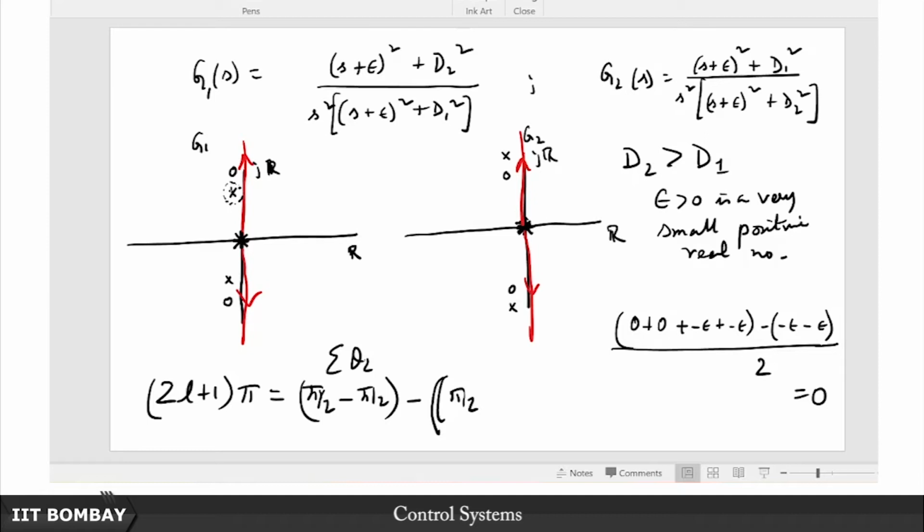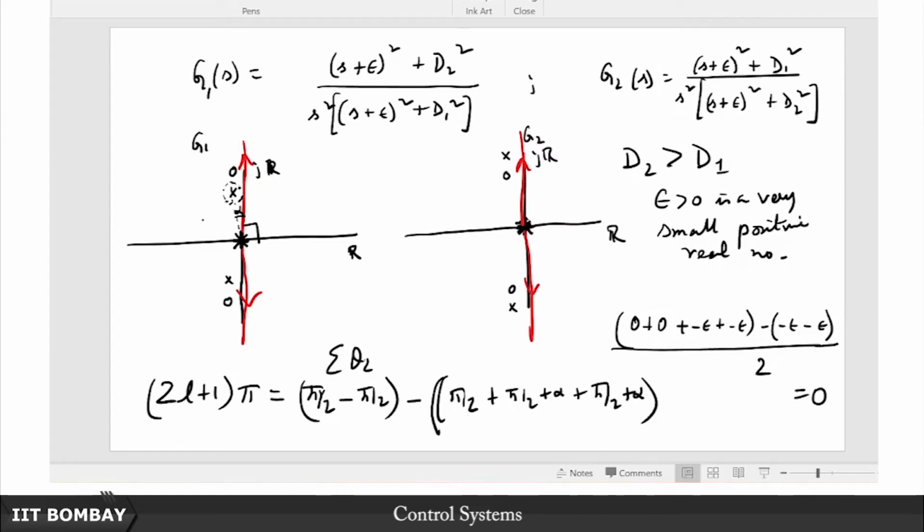If I am counting for the angle from a repeated pole, then I have to count for the multiplicities. So what is this angle? This is some pi by 2 plus some alpha. Of course this alpha is going to be very small because the epsilon is small, I have already said that. So this is pi by 2 plus alpha plus pi by 2 plus alpha, alright, fair enough.